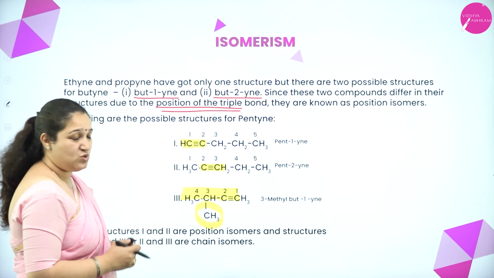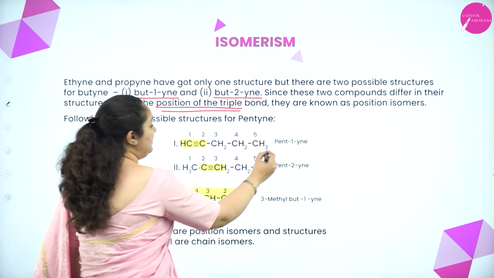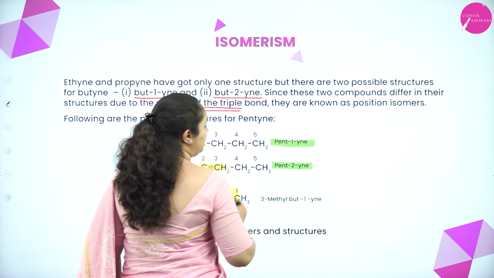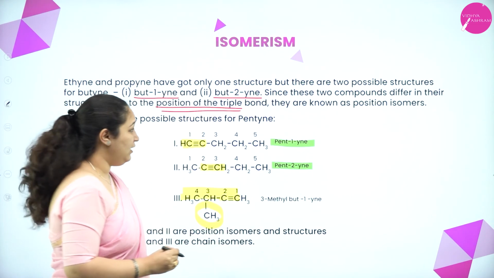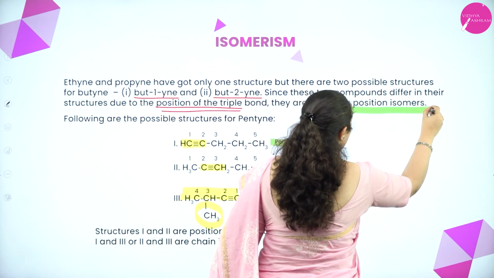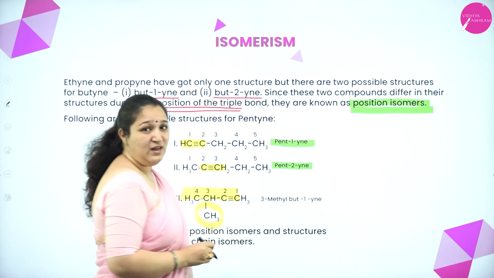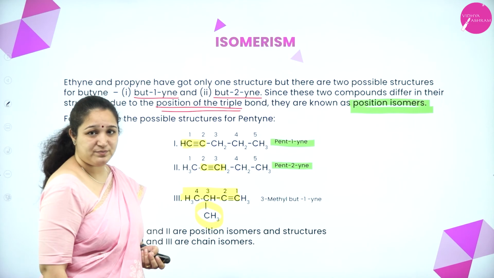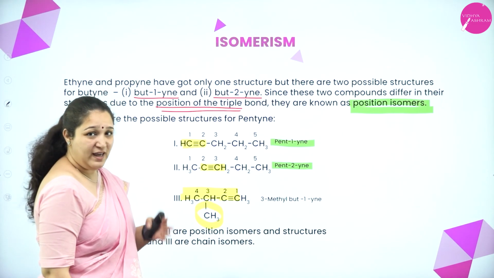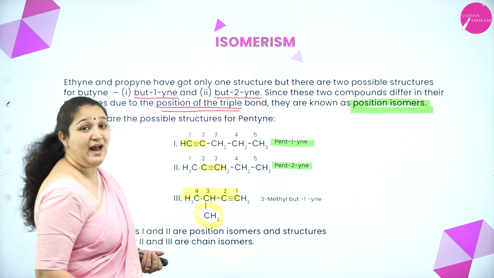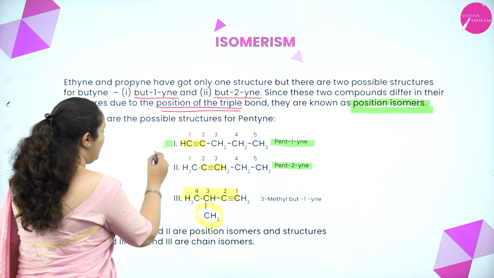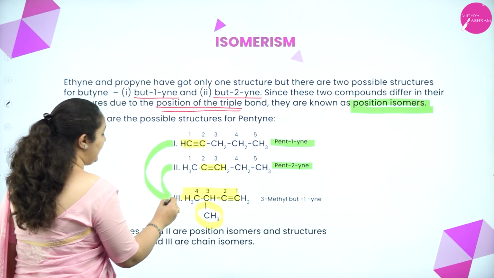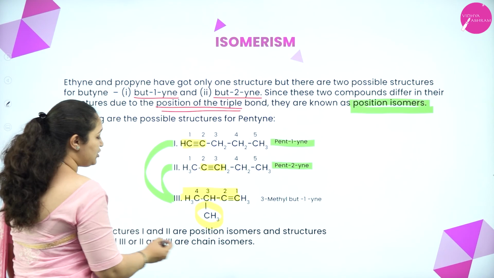Okay? So, what is it? Pent-1-yne and pent-2-yne are position isomers. Why? Because there is a change in the position of the triple bond. Correct? Whereas, if you compare the first and the third, or the second and the third, they are which isomers?